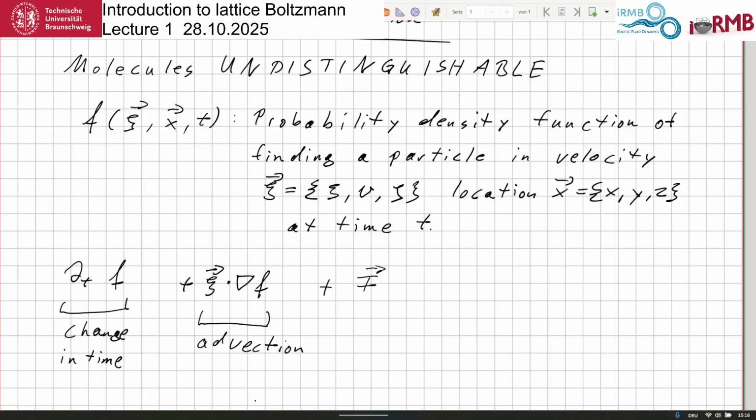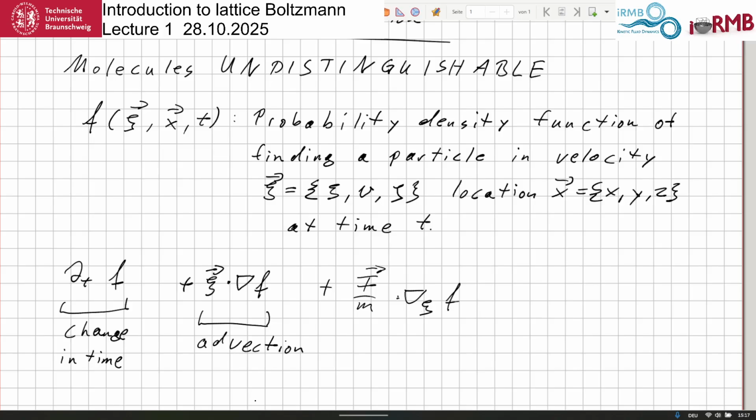This is if there is a force, then this force acts like this: we have the force, normalized by the mass of the particle, and we multiply this by a strange thing that I now call nabla xi, which is the derivative in velocity space.